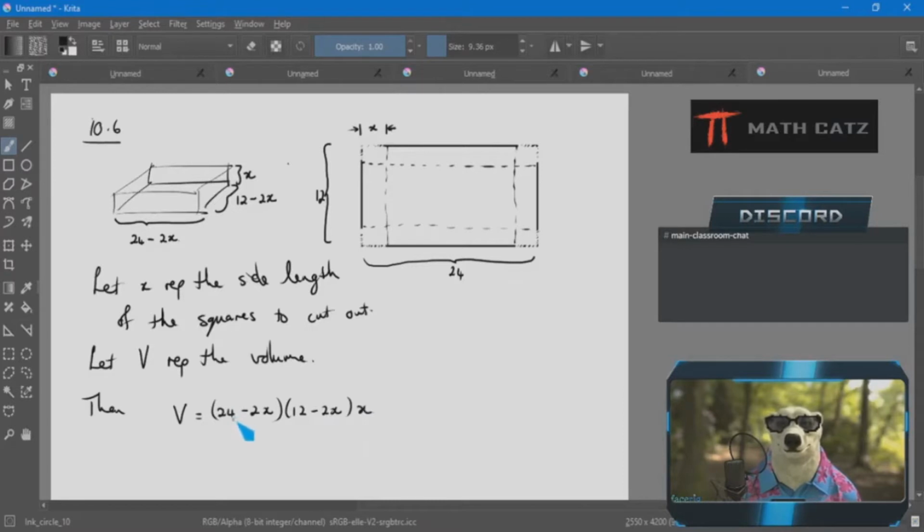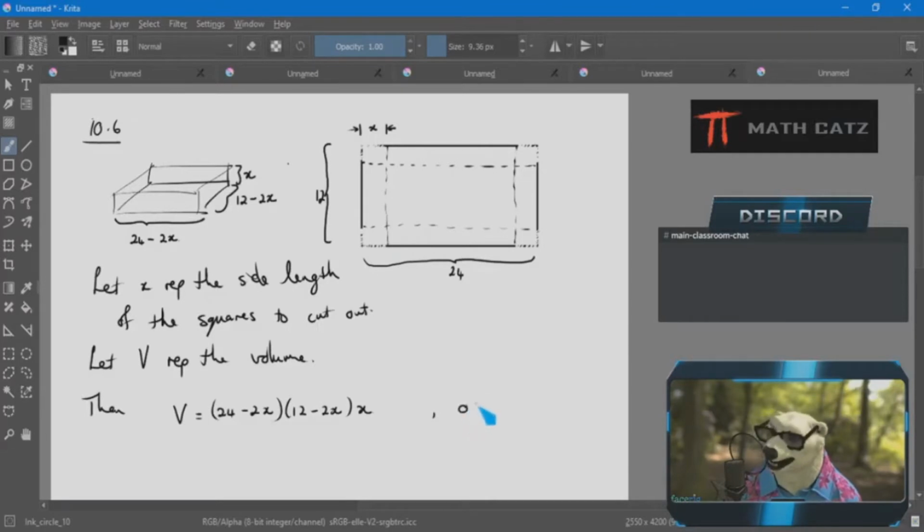And I'll simplify that when I need to. I don't care about right now. I just want to have a calculation, a volume function that all depends on how much I cut out. So practically speaking, I am kind of restricted on what I can cut out to actually have a box.